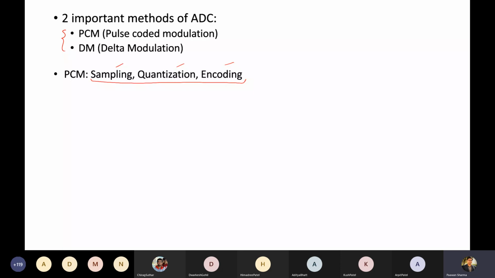So sampling, as rightly said, when you want to convert analog to digital signal, is an important process. You cannot skip it. Sampling converts your continuous time signal into a discrete time signal. Remember, never call it a digital signal, because with only the sampling step the signal is not digital in nature.